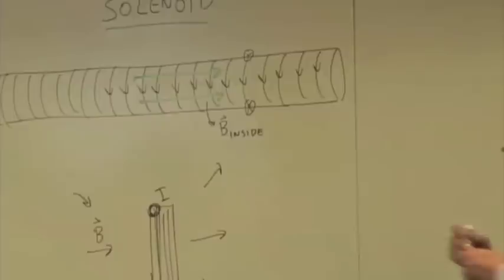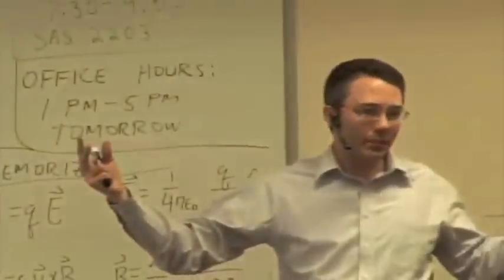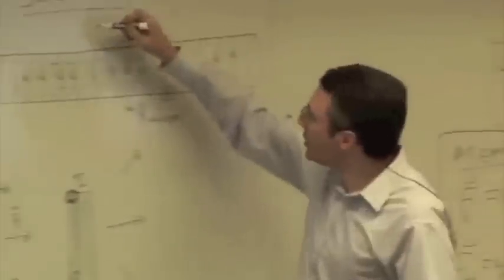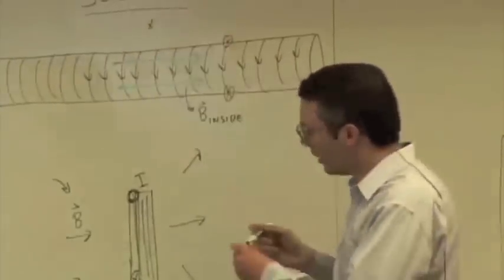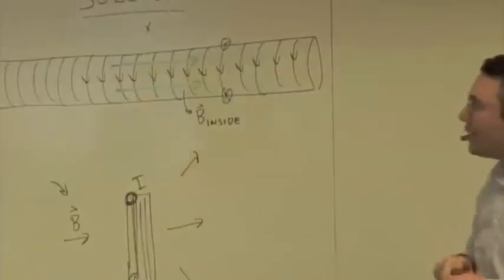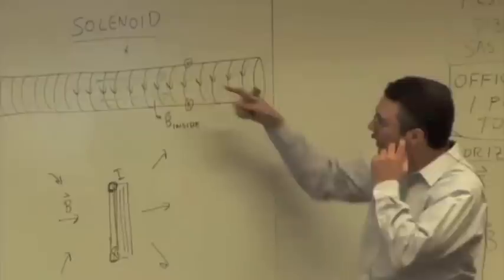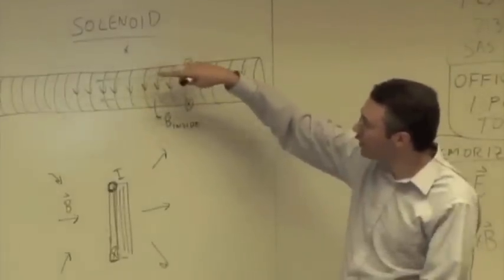It turns out that outside of the solenoid, if the solenoid is very, very long compared to its radius, then if you're at an observation location out here, you can actually work it out through superposition. There's going to be a lot of cancellation going on.